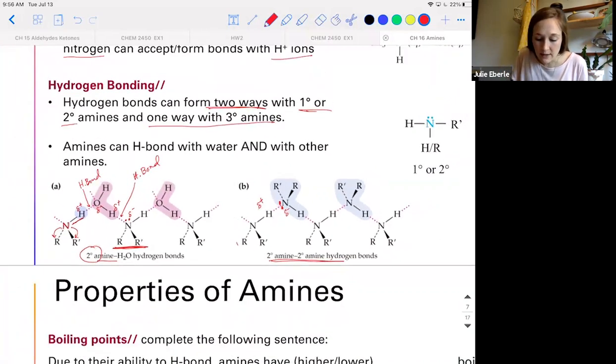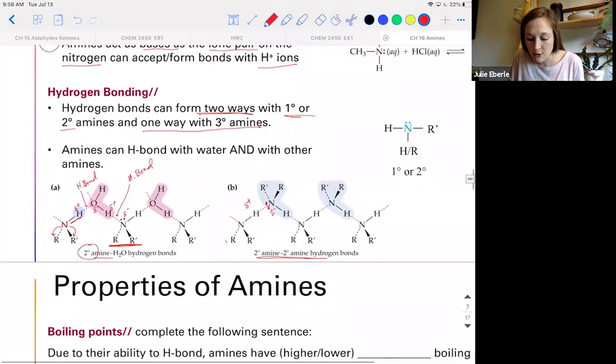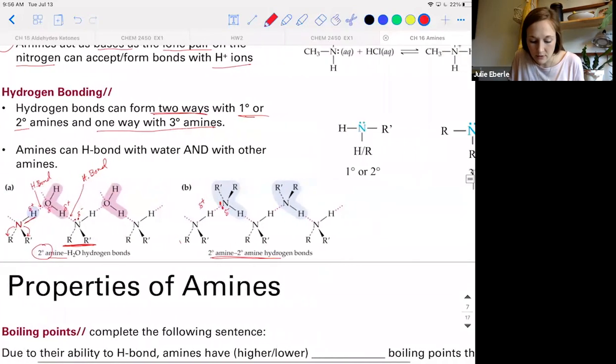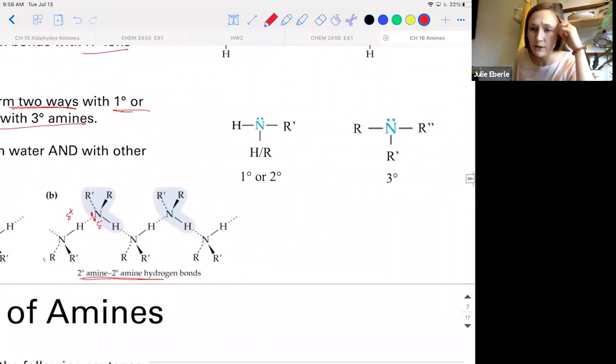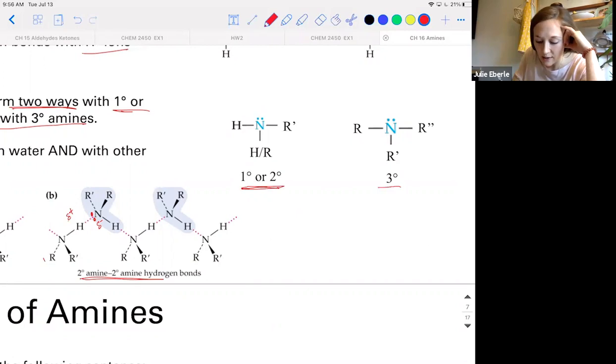The reason that tertiary amines can only hydrogen bond with water and not themselves, so look over here. Here I'm explicitly showing you the difference between primary and secondary amines and tertiary amines. Primary and secondary amines have some kind of hydrogen bonded to the nitrogen. And these hydrogens are always positively polarized because nitrogen's pretty electronegative.